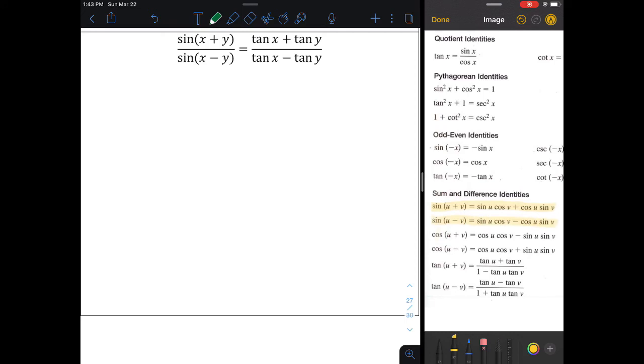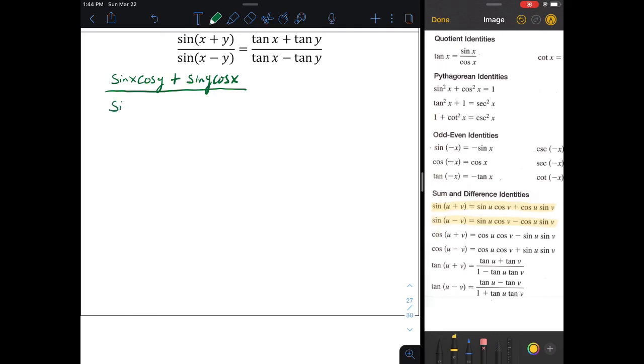And so sine of x plus y is going to become sine of x times cosine of y plus sine of y cosine of x. And then I would divide that by and use my angle difference.